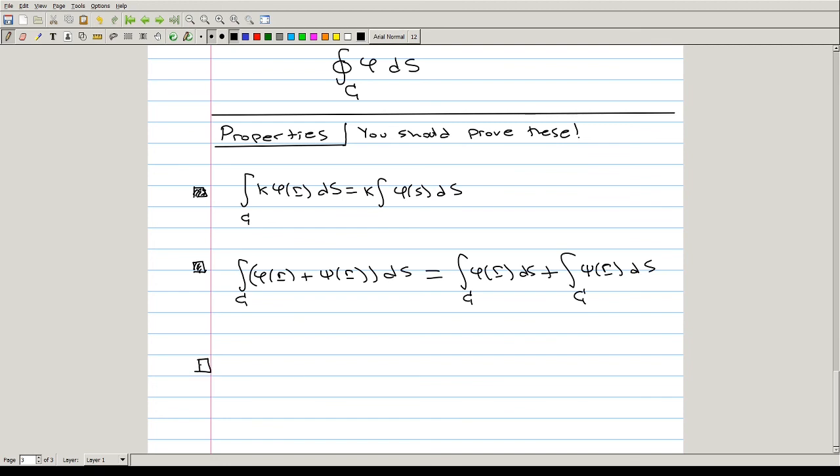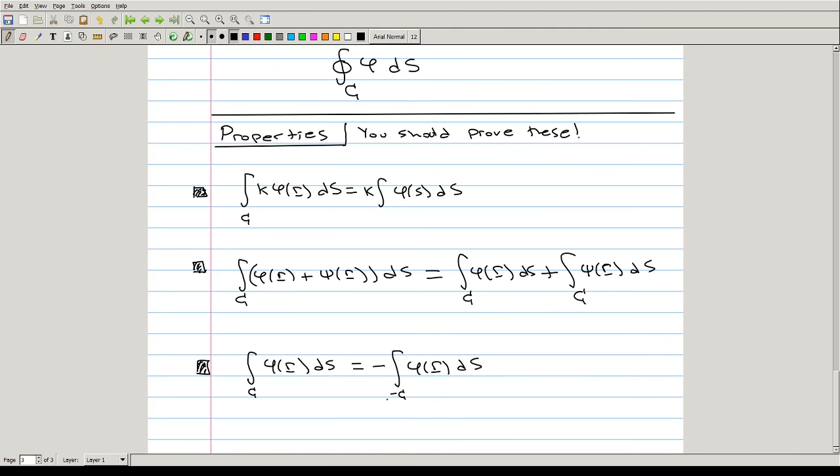One that is also similar to before: you remember, if you take an integral and you integrate in the reverse order, you reverse the sign of that integration. There's a property that's exactly, in some sense, the same. The line integral over a curve C of some function phi of r ds will always be equal to negative the line integral on negative C of phi of r ds.